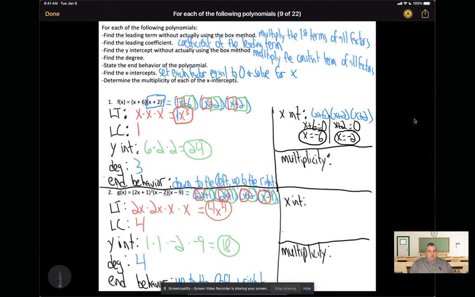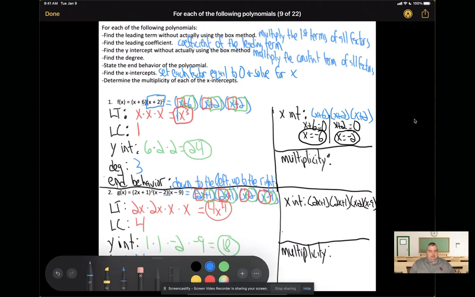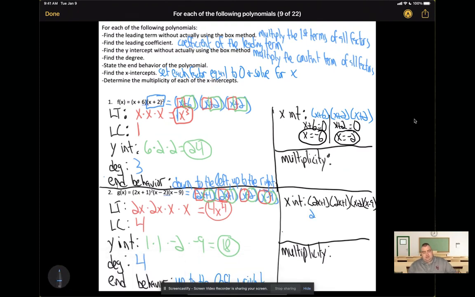For number 2, same thing happens. So I have 2x plus 1, 2x plus 1, x minus 2, and x minus 9. And if I do the same thing, so if I do 2x plus 1 and set that equal to 0, I'm going to end up with 2x equals negative 1 if I use that switching sign trick.